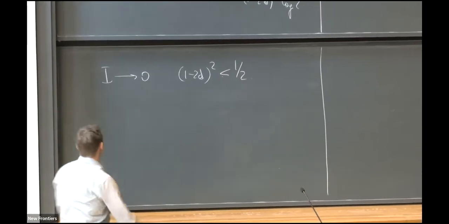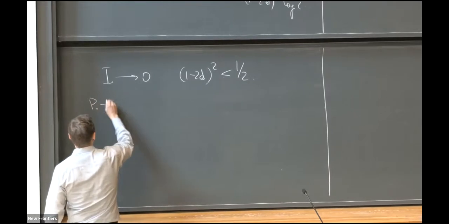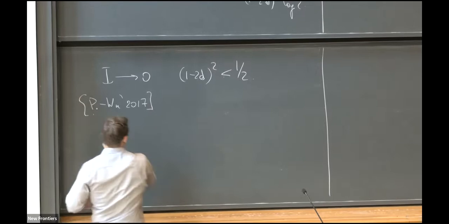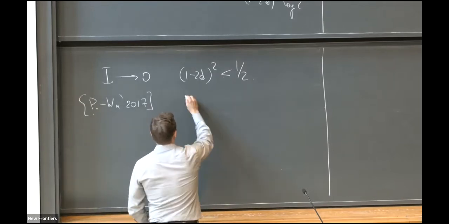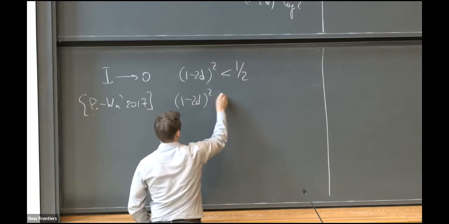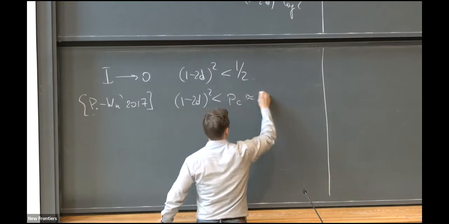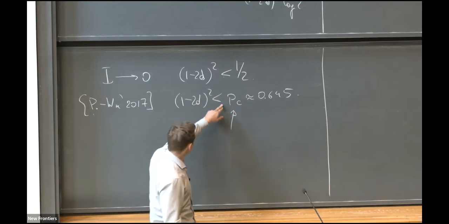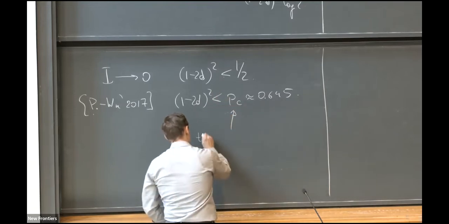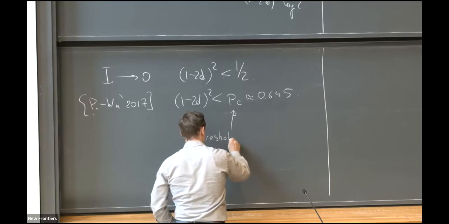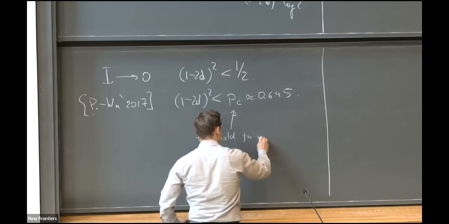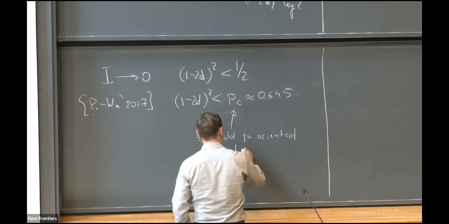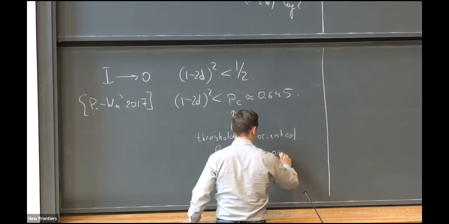And you can use some of the ideas from our paper from 2017 with Yihong Wu. You can improve this analysis a little bit. So instead of comparing to 1/2, you can compare it to PC, which is the threshold for oriented bond percolation on Z2.